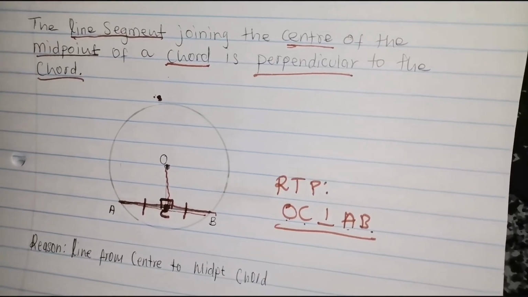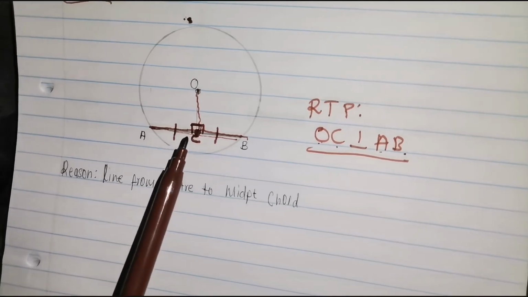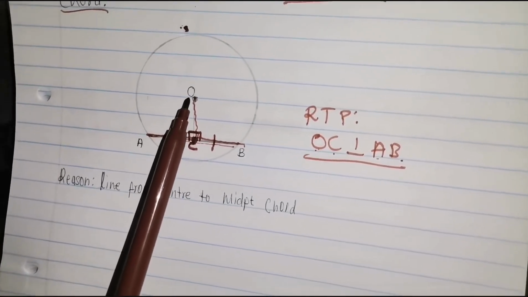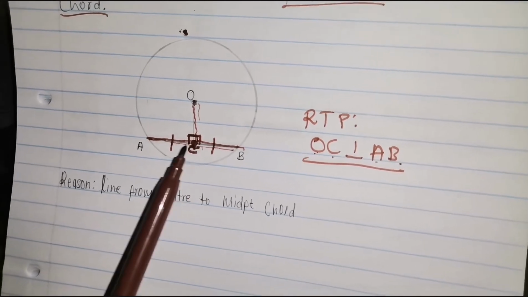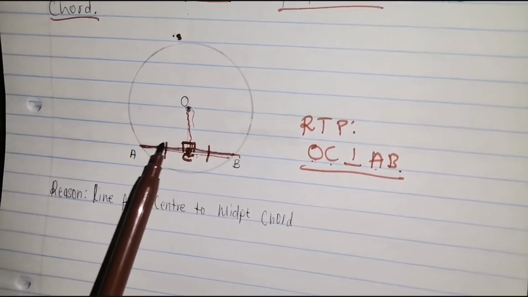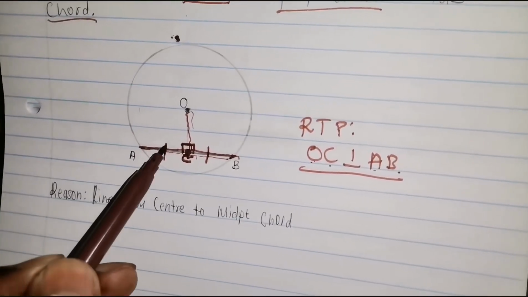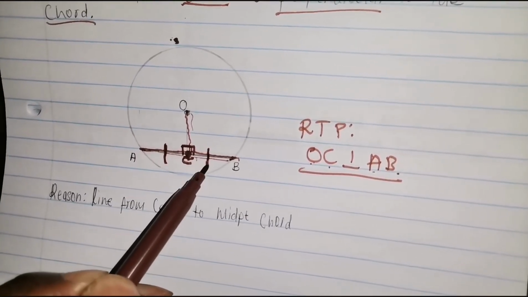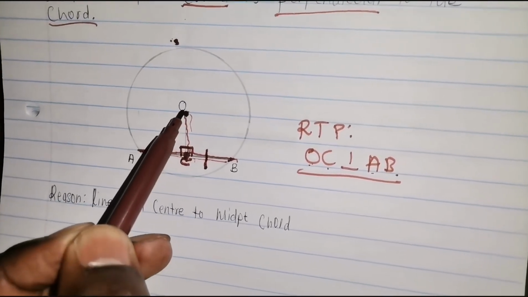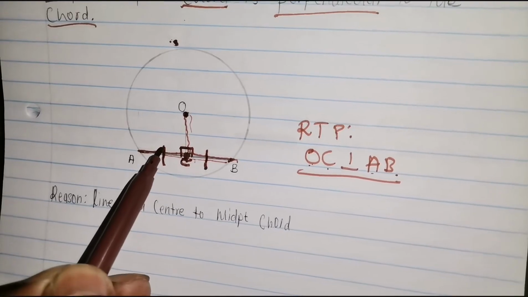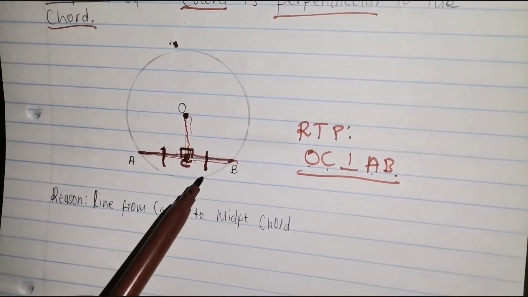You just need to know the theorem and the reasoning. So if in the examination you are only given that OC bisects AB, I mean you are given that AC is equal to CB, and you have a line from the center to a chord that is bisected, meaning AB is bisected.